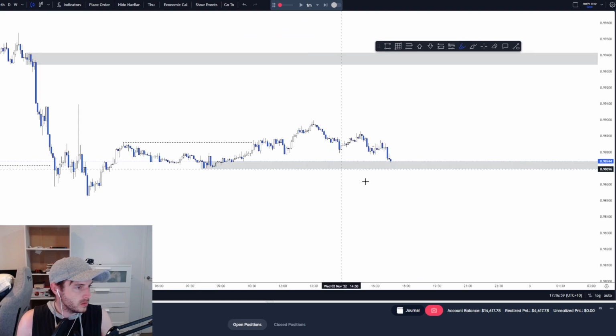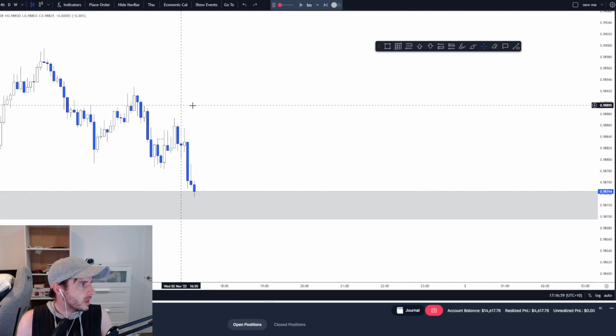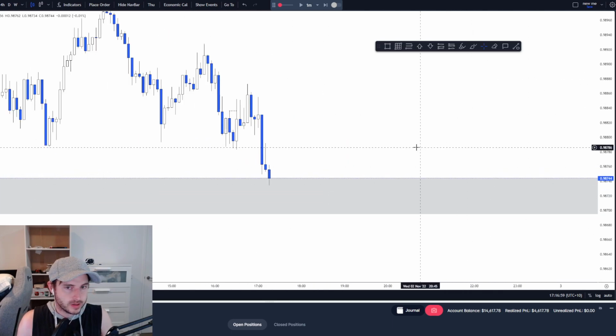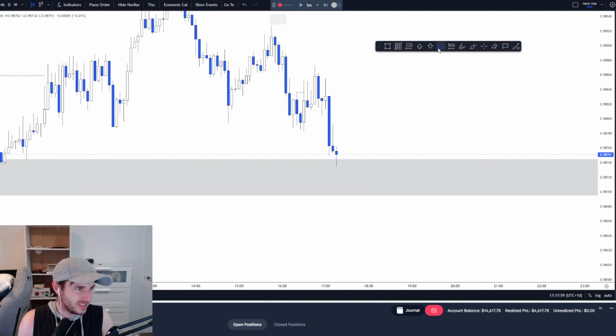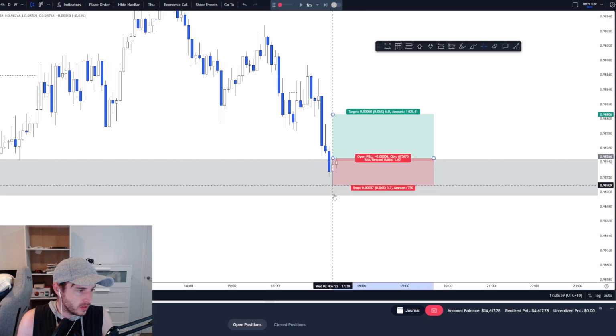So let's just see what happens if we do go for an entry. It is within my trading plan or my backtesting. It's a bit iffy, to be honest. Not really seeing an entry yet. Okay, there's definitely an entry here.